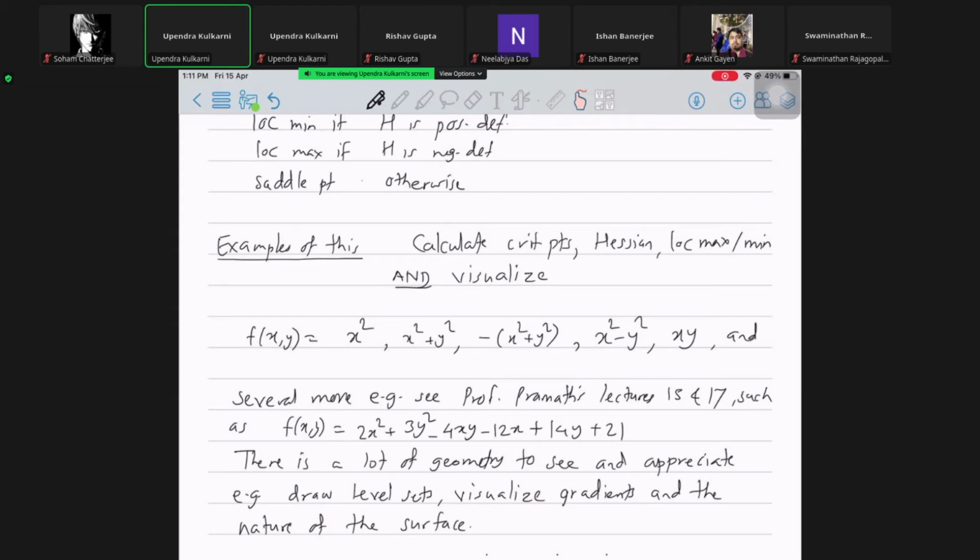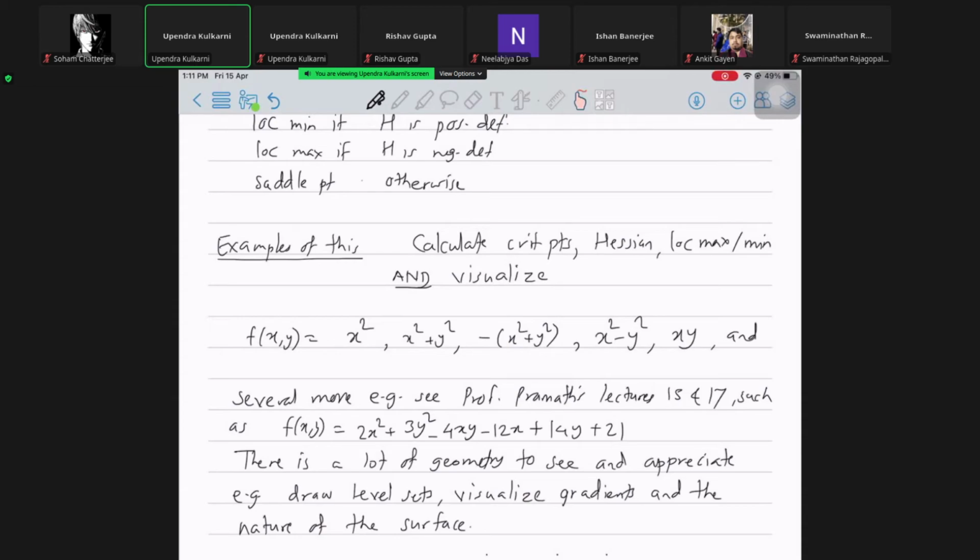If you draw the level sets of this, level sets means that you simply take the function and you fix a certain value of z, and you see all the x and y such that that equation is true, and you just draw that as a curve in the xy plane itself, exactly the way when you draw maps. On maps you have these elevations given as contour lines, right? I hope everybody has seen this in school.